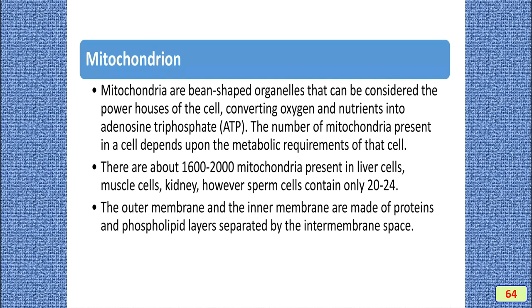Mitochondria is the powerhouse. There are about 1600 to 2000 mitochondria present in the liver cells, muscle cells, and kidney. However, sperm cells contain only 20 to 24 mitochondria.